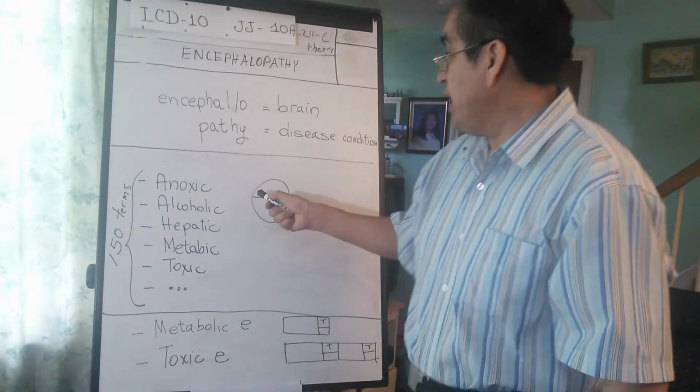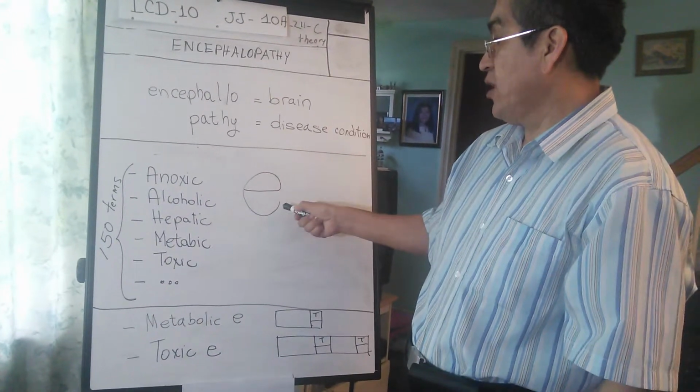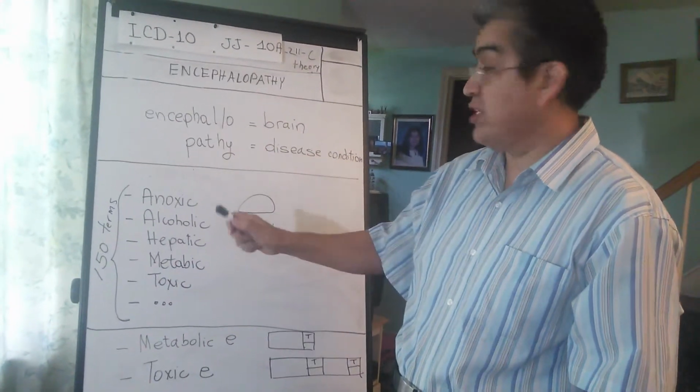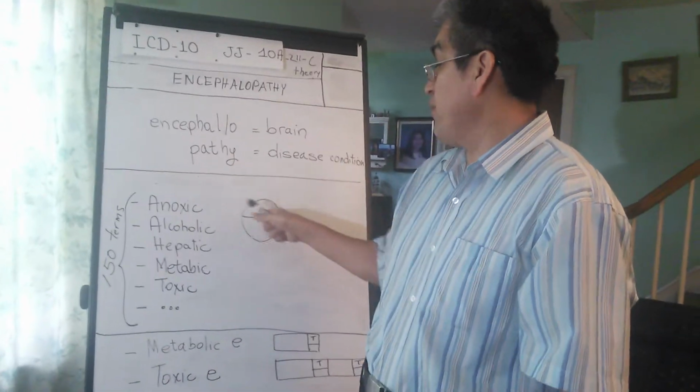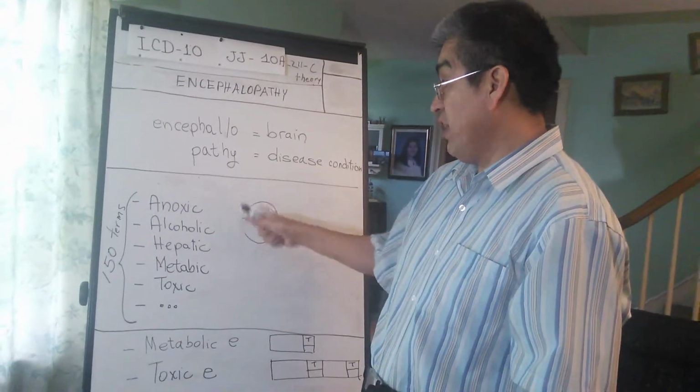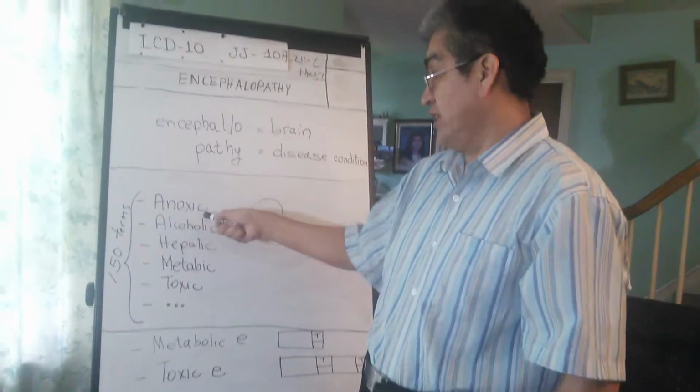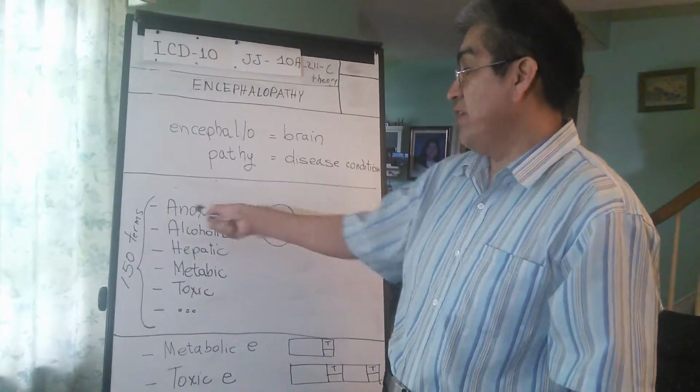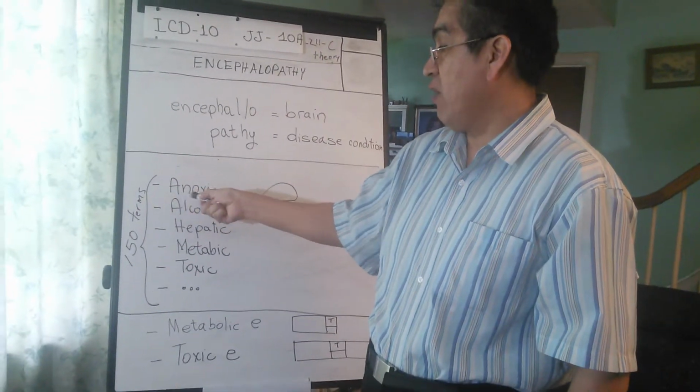Okay, so if this is encephalopathy, all the 150 conditions come with one word before encephalopathy. This, for instance, is anoxic encephalopathy. Anoxic, you know that it means without oxygen.